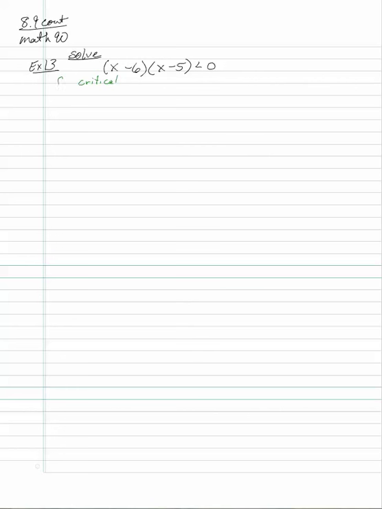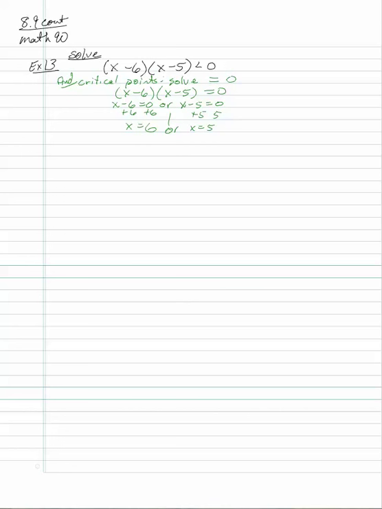So you're going to find the critical points where it's equal to 0. You just set each factor equal to 0. Well, first you would have to factor it if it wasn't factored, which in this case it is. So x is 6, or x is 5.